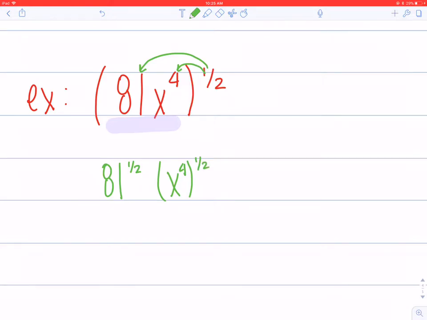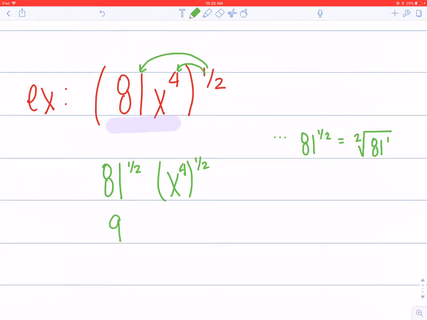Now 81 to the 1/2, I can put in my calculator because it's a number, but that just means, if I use that property again, 81 to the 1/2 is the same thing as the base stays the same, 1 is going to stay inside, 2 is going to go outside. So 81 to the 1/2 is the same thing as the square root of 81, which is 9.